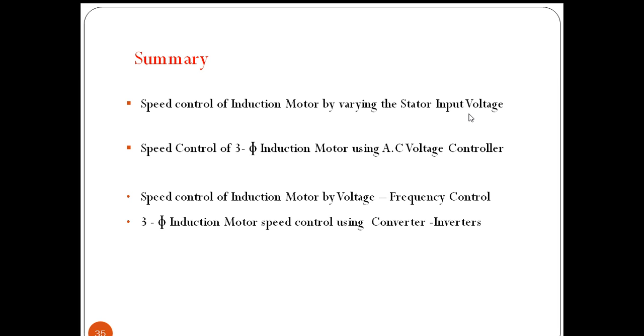And the stator voltage control method in AC motors is used in different applications like fans, blowers, centrifugal pumps, etc. And the applications of chopper control DC motor drives are induction drives, industrial drives, traction drives, battery operated vehicles.